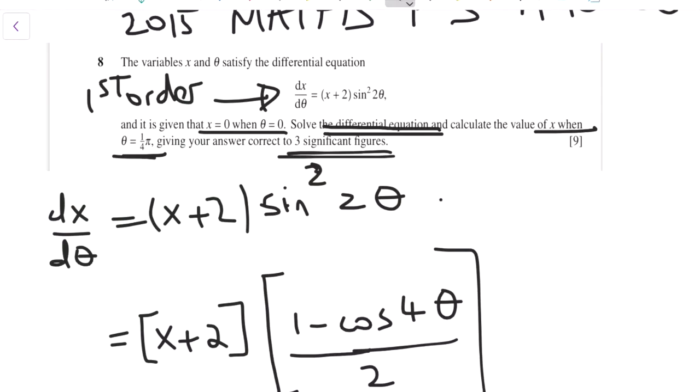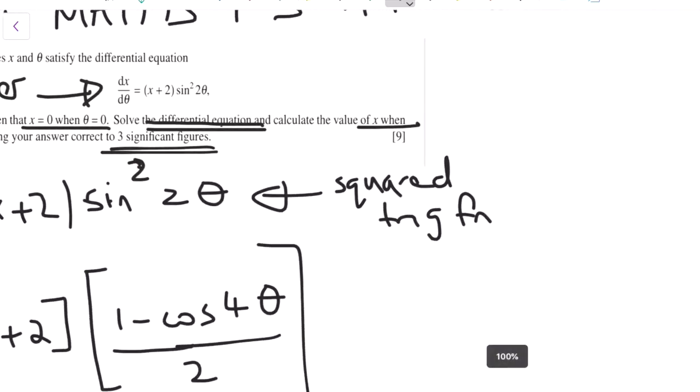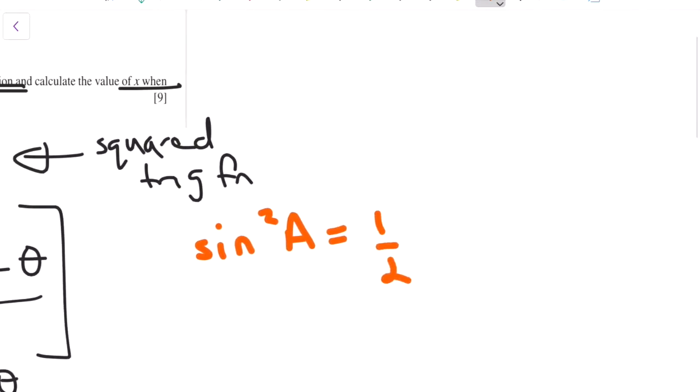So I rewrote the equation here, the exact same equation as in the question, and this has a squared trig function, so we need to use an identity because we know that we're going to integrate. The identity I made use of is sine squared of a equals a half of 1 minus cos of 2a.